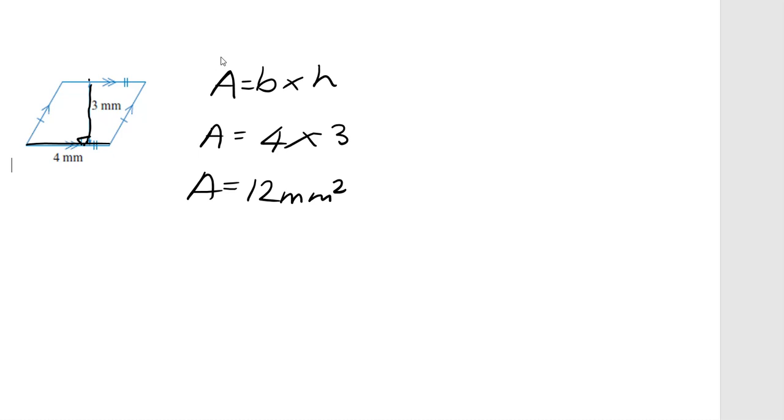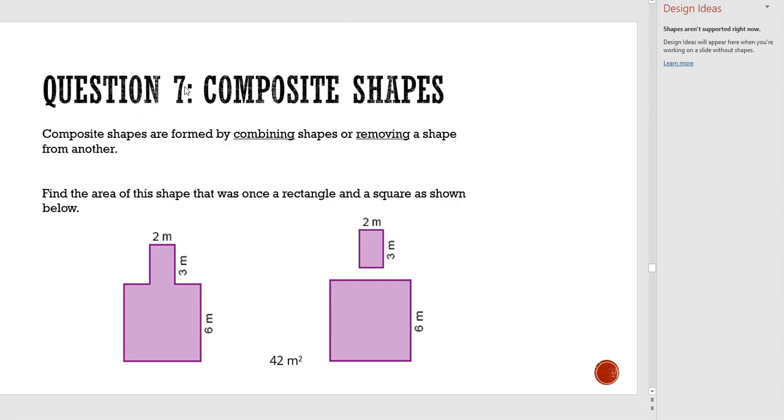That's why it's very important to write your formula first, just to double check that you got the right formula for the right shape. Okay, our next question, question 7, it has composite shapes. So composite just means combining two things. Okay, so combining shapes. Composite shapes are formed by combining shapes or removing a shape from another.